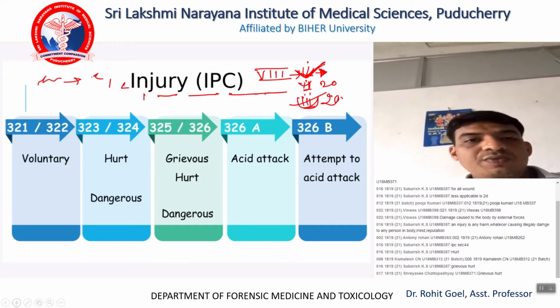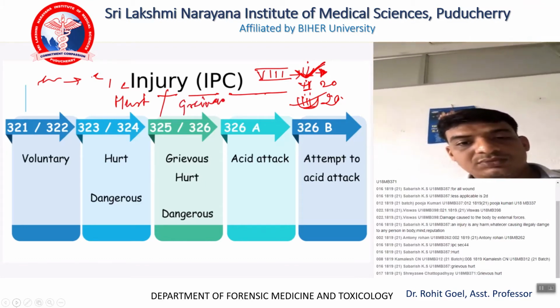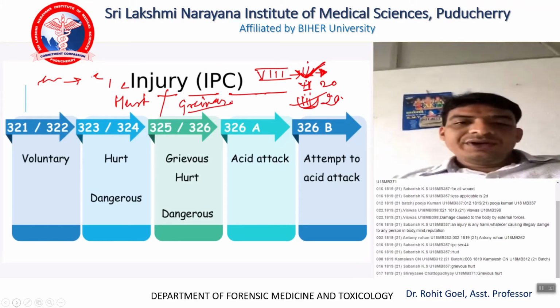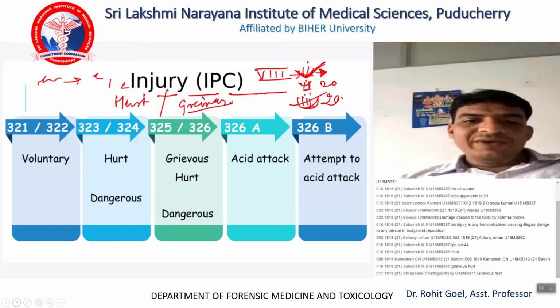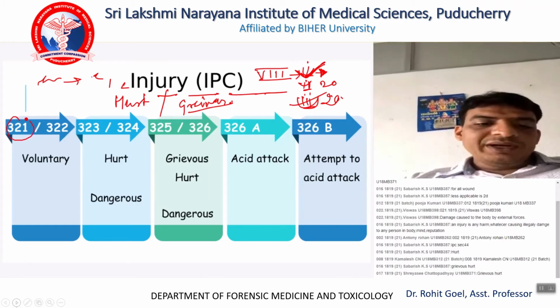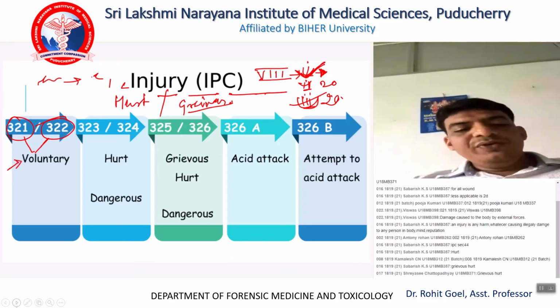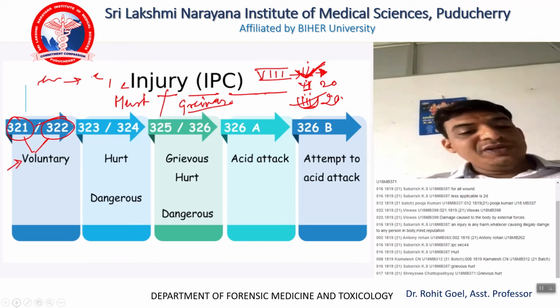So based upon this, for hurt and grievous hurt, we have different scenarios where punishment can be given differently. After 320, we have 321 and 322. These don't have much work. They signify when we say that a person has voluntarily caused hurt.